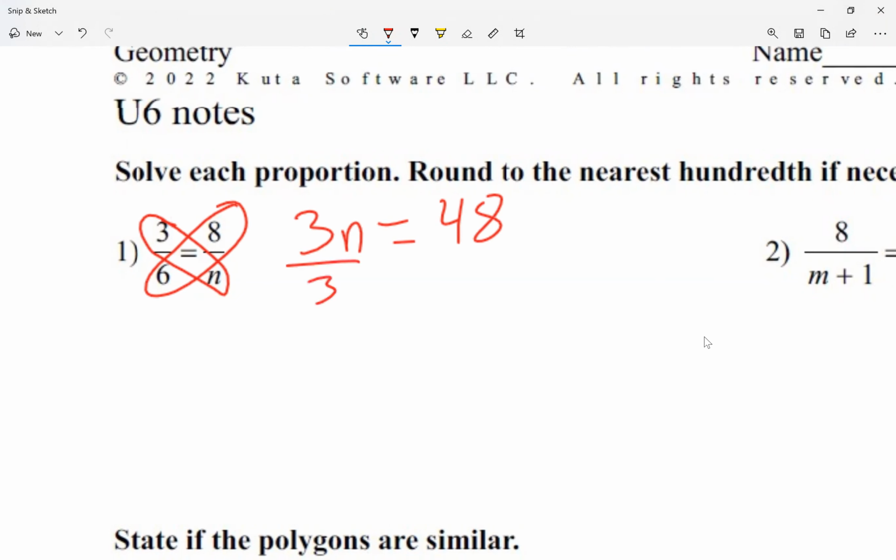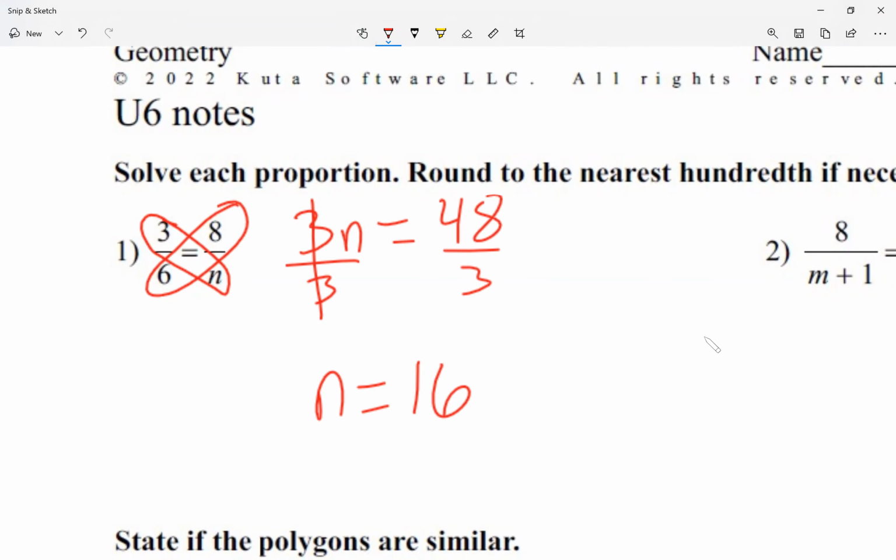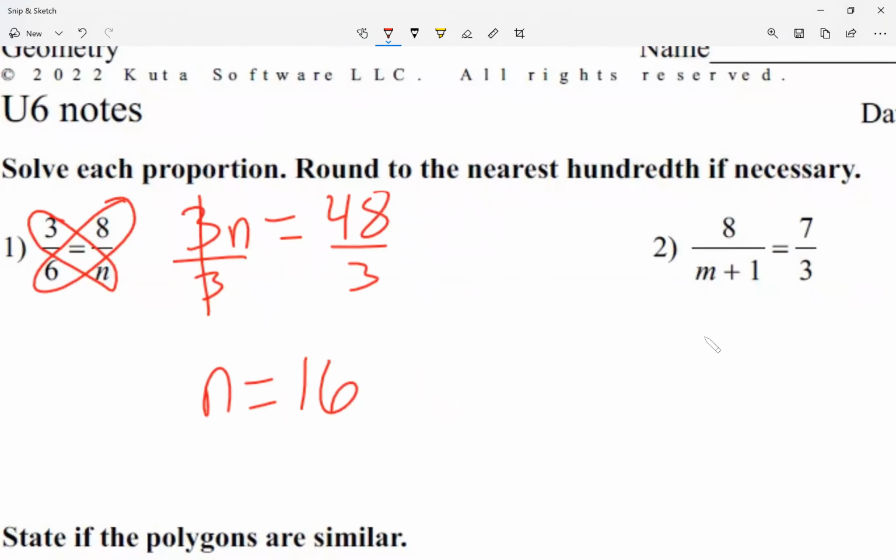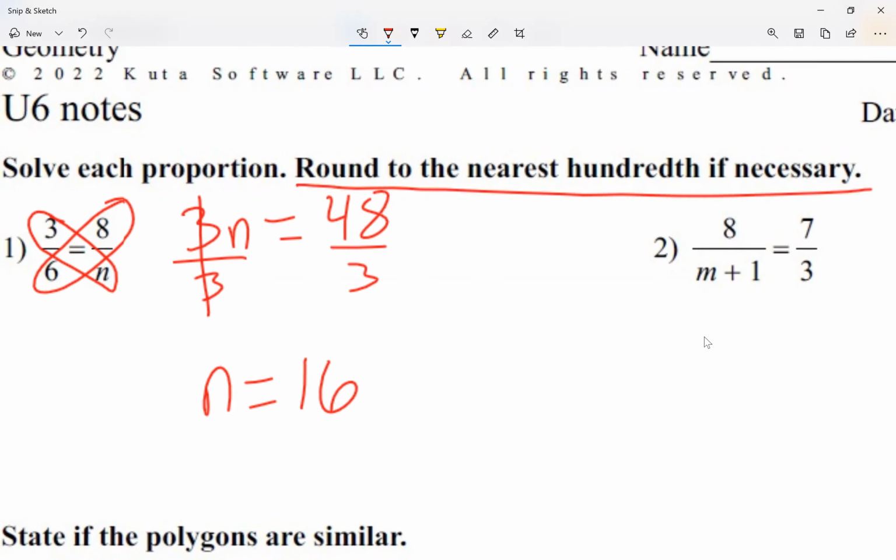3 is 16. Now, when you type in your answer, you don't have to type in n equals, just type in 16. Some of your answers are going to be a whole number, like this is the case. Some of your answers might have decimals. So on your instructions, I'm going to say round to the nearest hundredth if necessary.